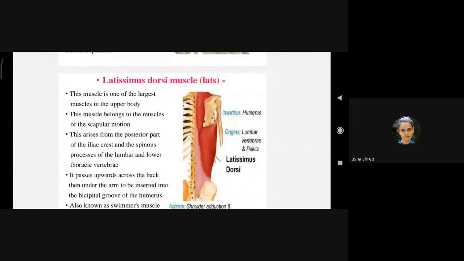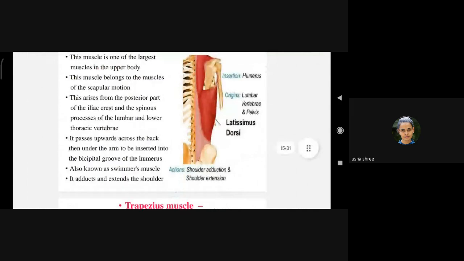So this muscle belongs to the muscles of scapular motion. It arises from the posterior part of the iliac crest and spinous process of lumbar and lower thoracic vertebrae. It passes upward across the back and under the arm to be inserted into the bicipital groove of the humerus.